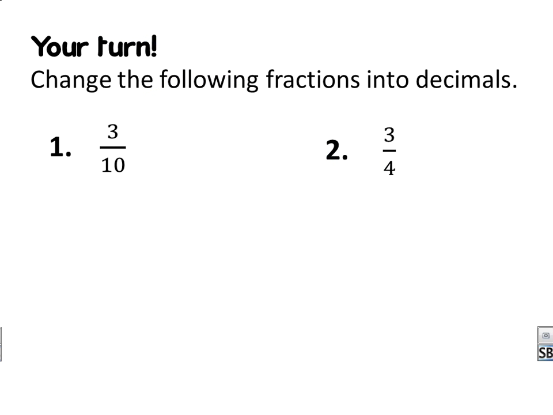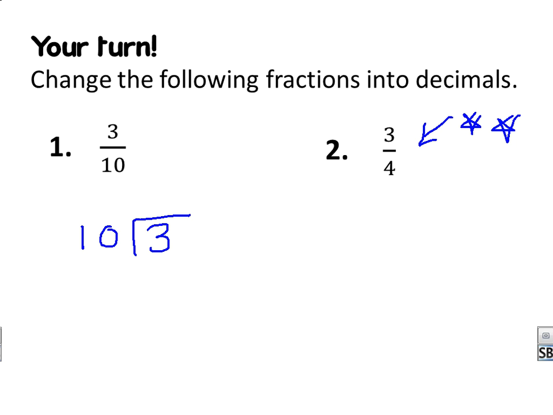Your turn. I want you to change the following fractions into decimals: 3/10 and 3/4. Hopefully this one looks familiar. Please press pause if you need more time. Let's start with number 1. We're going to go 3 divided by 10. Again, remember the numerator always goes on the inside and the denominator goes on the outside.